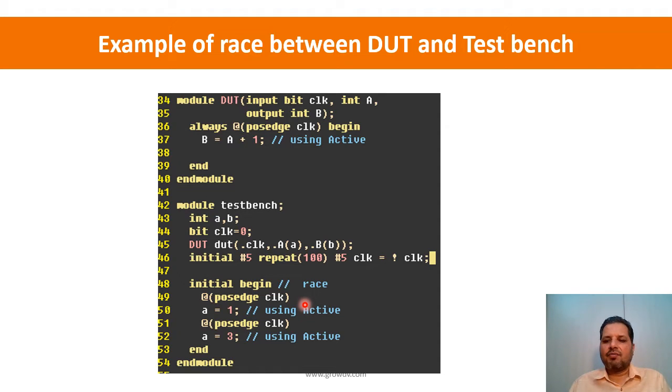Then again we have the ordering indeterminism, and hence what value B will get can vary. So this is the problem of indeterminism that also happens when the interaction takes place between your test bench and DUT.